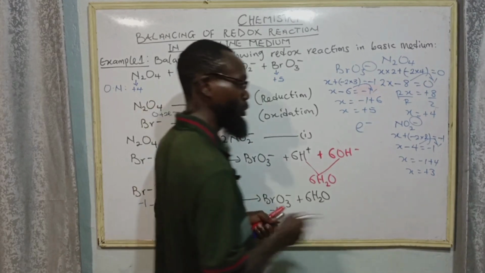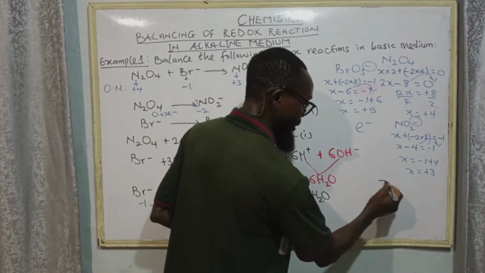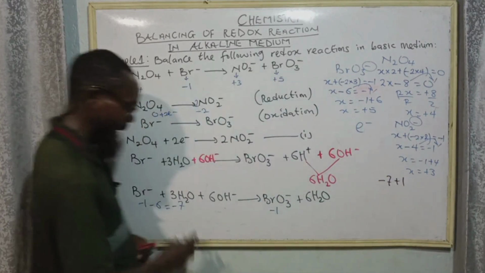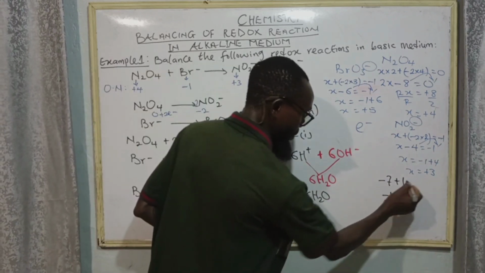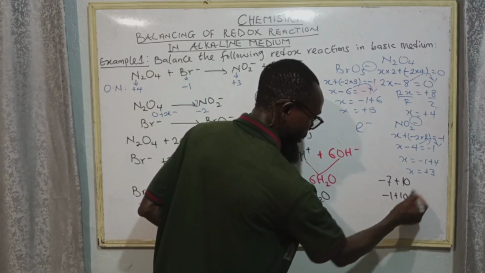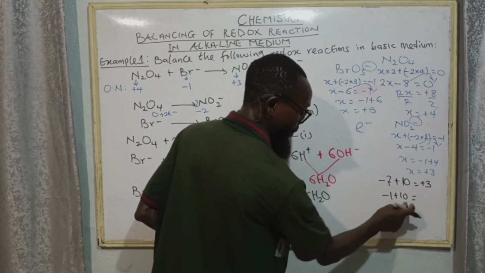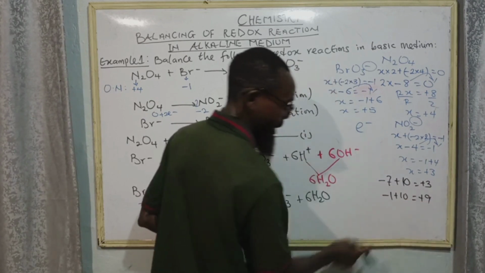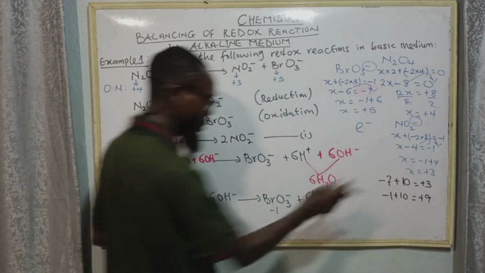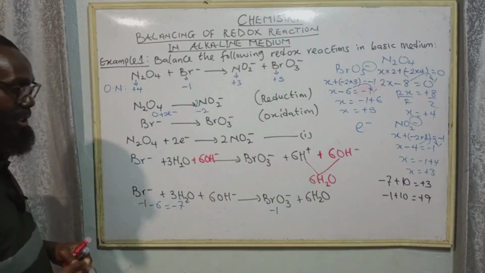Let's say I'm going to add 10. -7 plus 10 and -1 plus 10. -7 plus 10, I'm going to have plus 3. -1 plus 10, I'm going to have plus 9. So you can see 9 is greater than 3. So -1 is greater than -7.